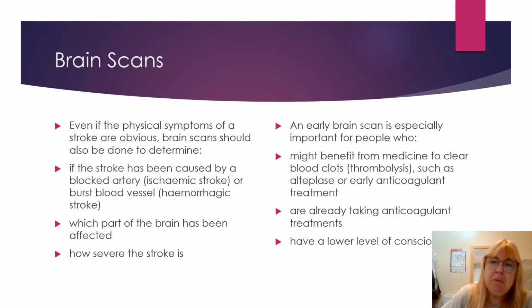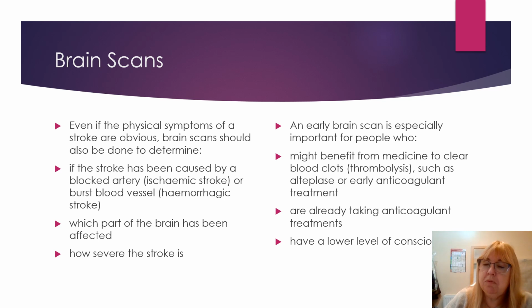The other important thing about a brain scan is it will look at which part of the brain has been affected. It can look at the level of severity of the stroke, which gives them some ideas about what they need to do. It's really important to do it for people who you might be able to give medication very quickly to clear the blood clots and break them up, and that will obviously reduce people's risk of getting more seriously unwell.